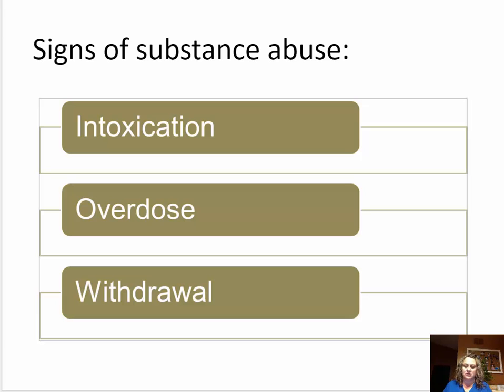Each one of those tables talks about the specific drug, what effects intoxication has, what the overdose effects are, and then what the withdrawal effects are. So, for example, for opiates, there are many opiates that are listed here on table 19-7 on page 376. But we'll use oxycodone as an example.